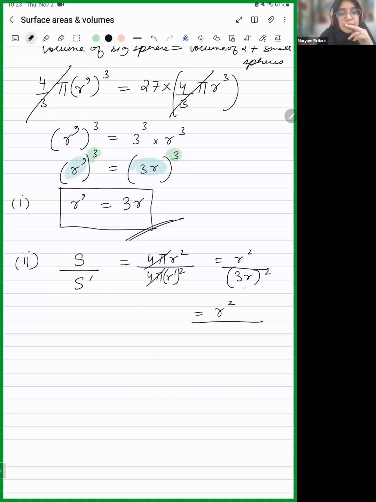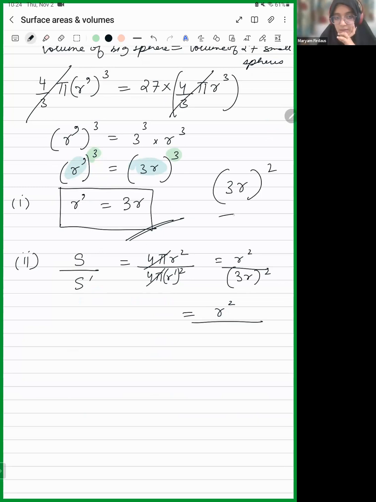Avni? Preshita? 3r whole square becomes how much? 9r whole square.